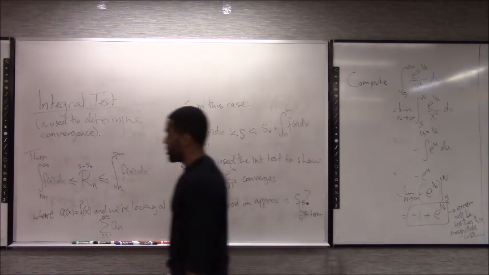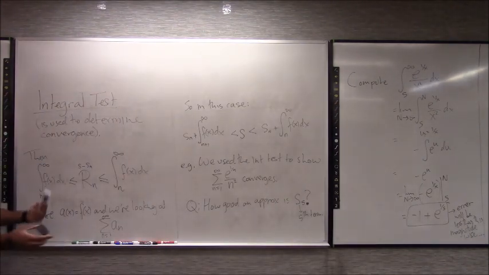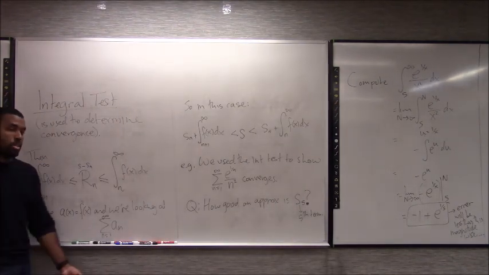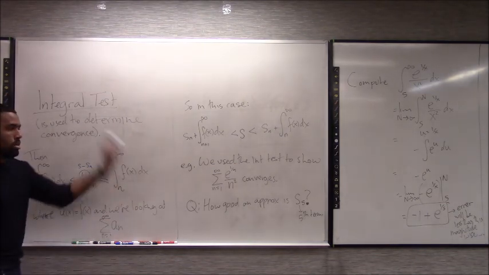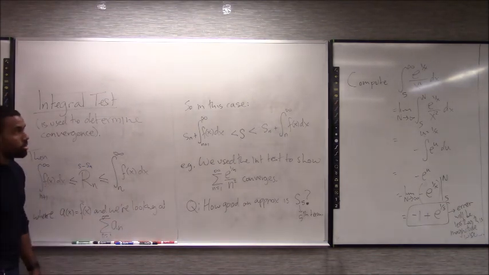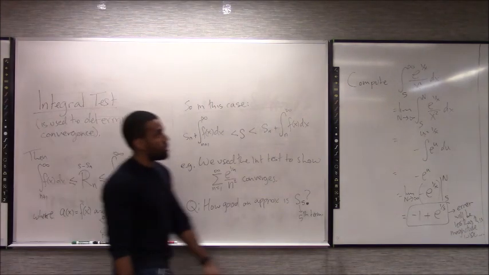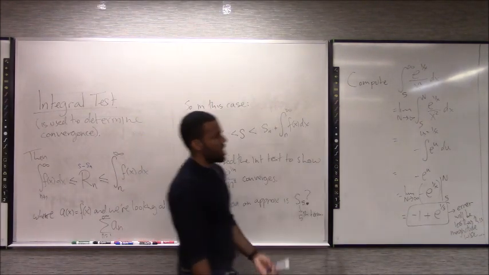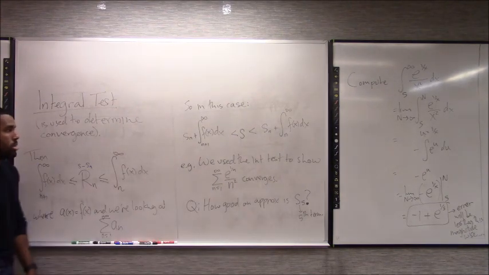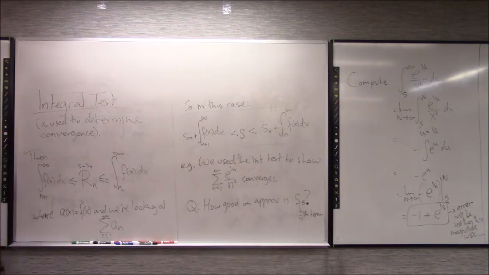That's the integral test. So if I ever ask you, okay, prove this converges by the integral test, how good is your approximation if I used 5 terms, or 100 terms, or whatever? You would simply just find that integral. Integrate from that point on, and your error bound will be that or less. That's the integral test.